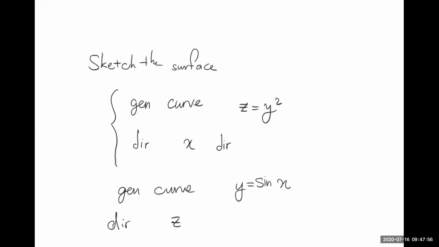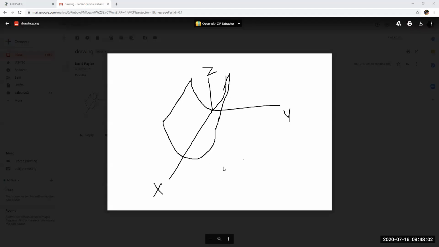Okay, I received a few things. Let's see. Okay, that's one we have here. That's good. We have the YZ plane here, and we have a parabola, and we moved it in the direction of X. That's correct.